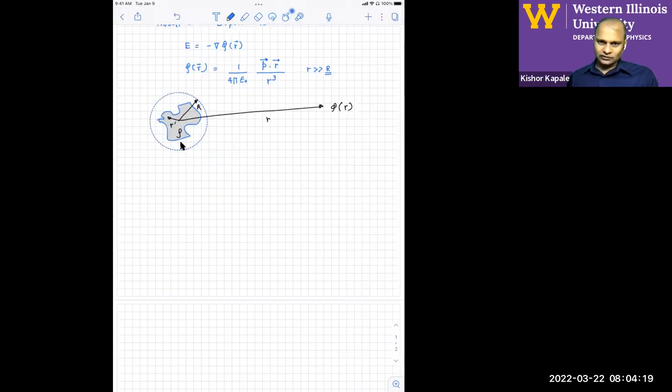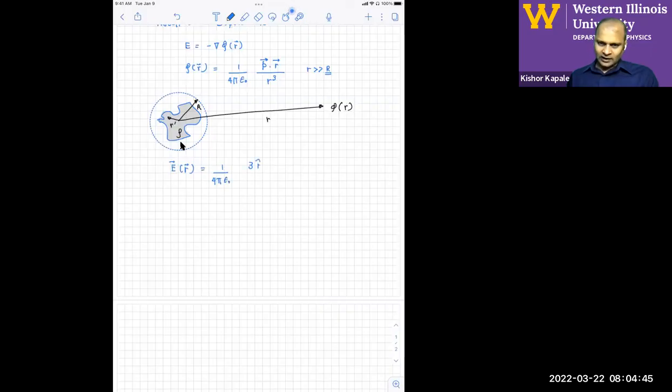And then after you do the gradient, you should do this exercise of taking the gradient of P dot r over r cubed. P is a dipole moment, it's constant, so it does not have a gradient, but r over r cubed, that's going to give you obviously two terms.